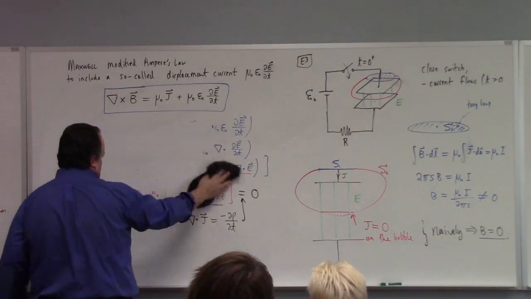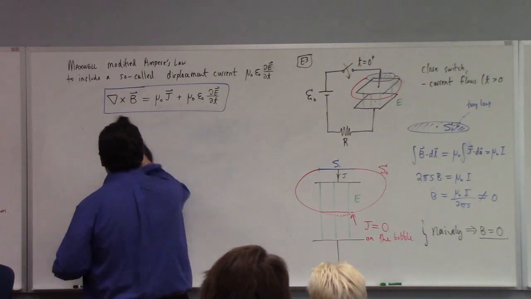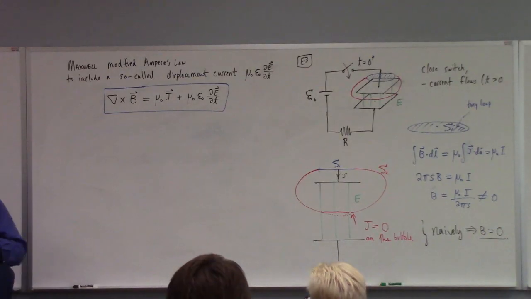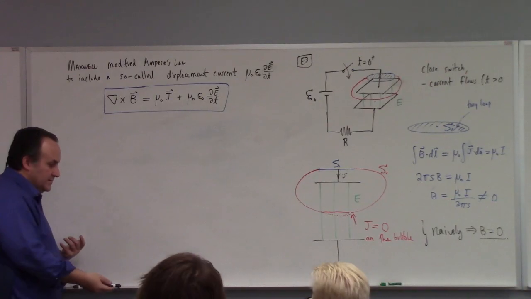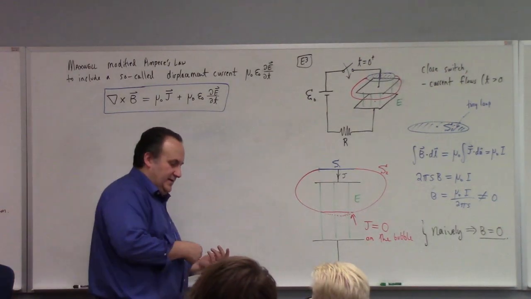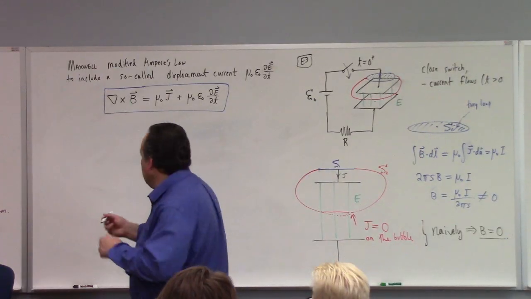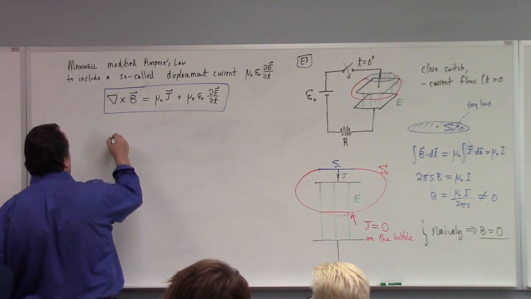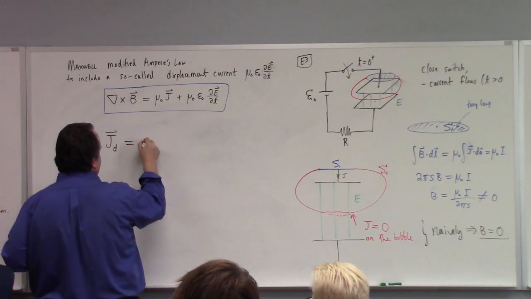So Faraday's law told us that if we have a changing magnetic field, that can induce an electric field, right? Changing magnetic field gives us an electric field. When is the displacement current non-zero?